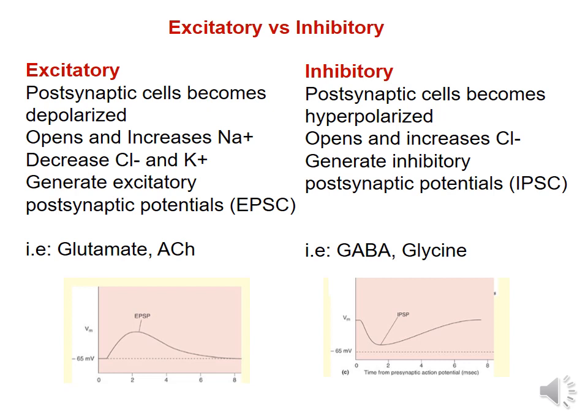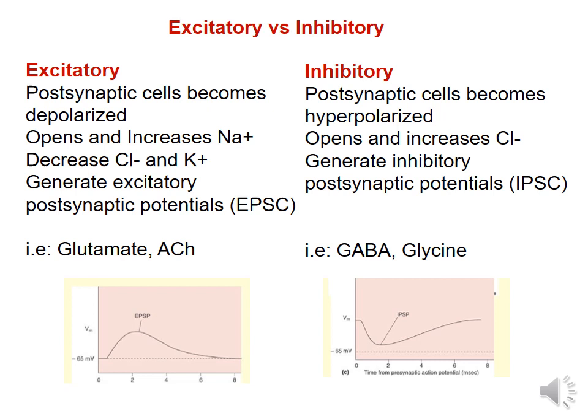So excitatory neurotransmitters like glutamate or acetylcholine result in the intracellular accumulation of sodium ions and a decrease in chloride and potassium ions, depolarizing the cells and generating an excitatory postsynaptic current.